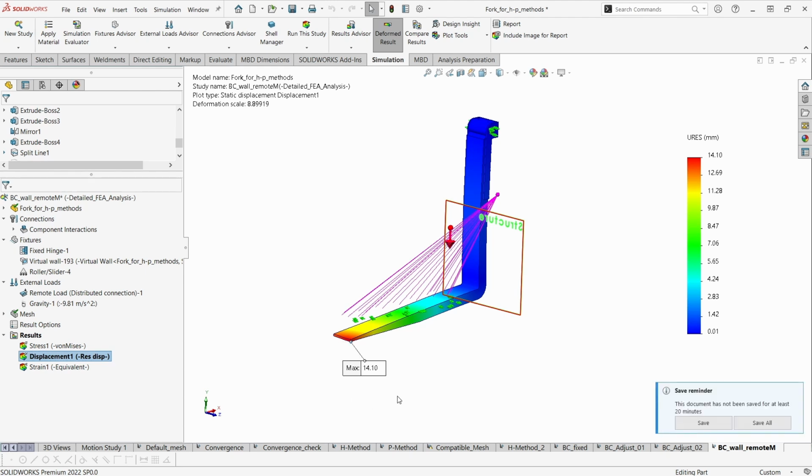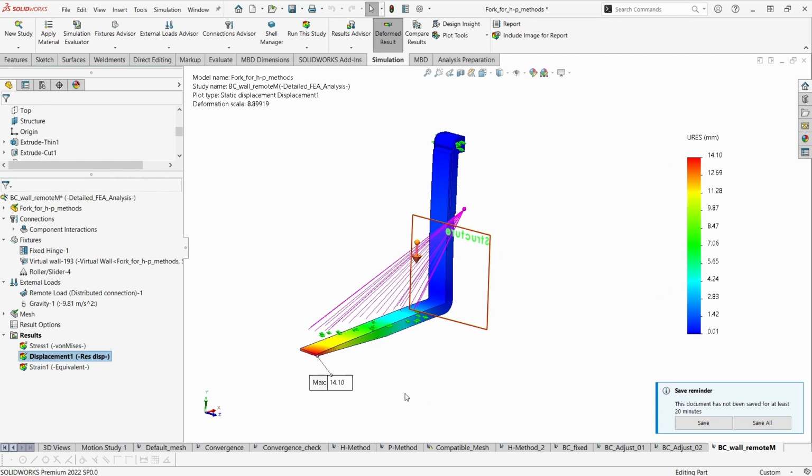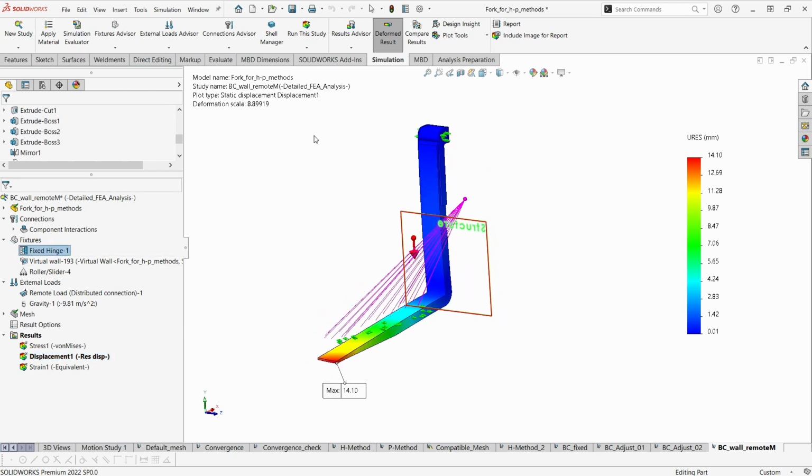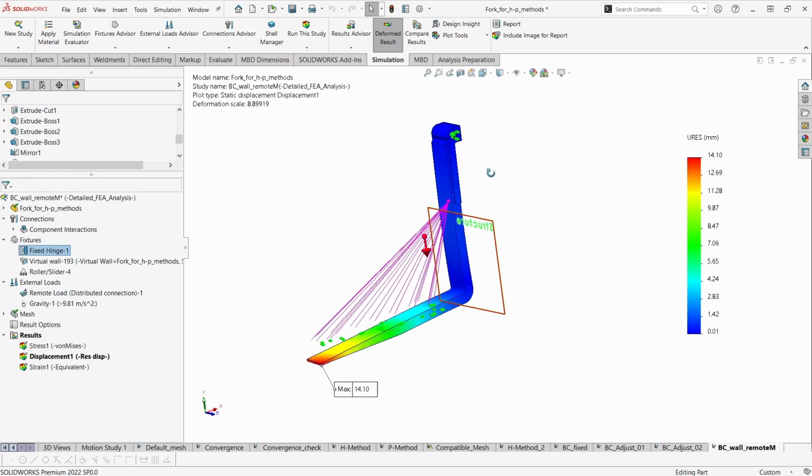What is happening now? Let's review what we have now in this model. In previous videos, we were adjusting each of the boundary conditions. In the top, we have a boundary condition type hinge to represent the relative rotation movement between the fork and the top cross beam.